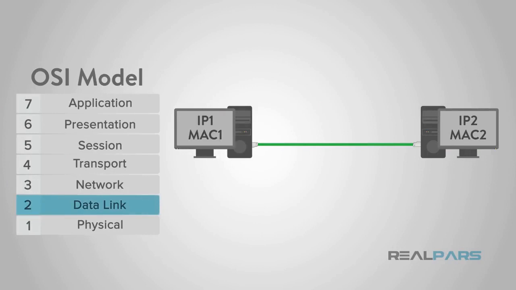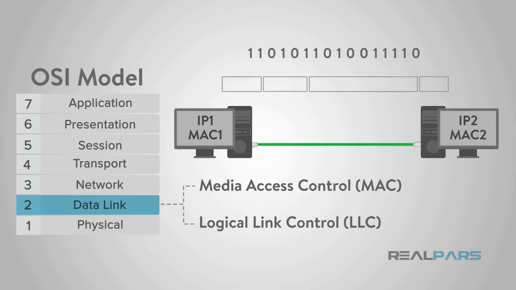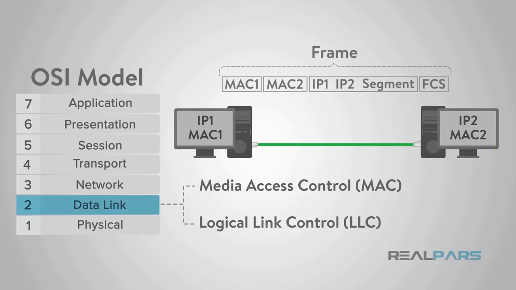The data link layer, or layer 2, is considered the most complex of the layers. This layer is often divided into sublayers called Media Access Control, or MAC, and Logical Link Control, or LLC. The layer sets up links across the physical network. When this layer receives data from the physical layer, it checks for transmission errors, and then packages the bits into data frames.